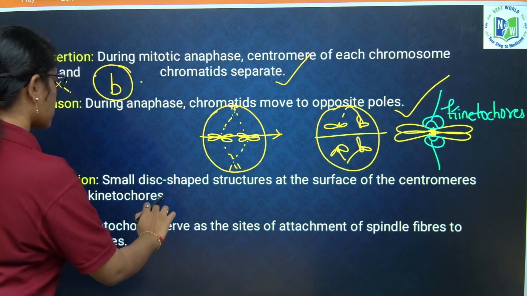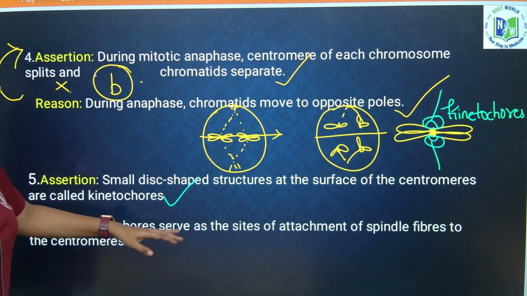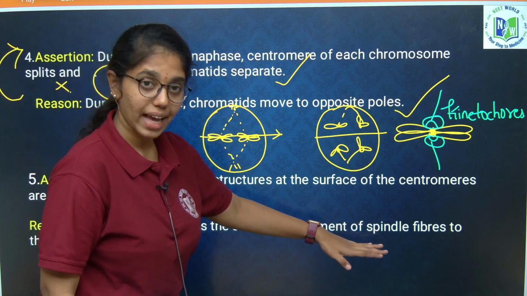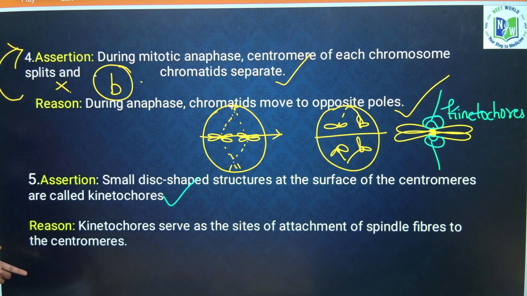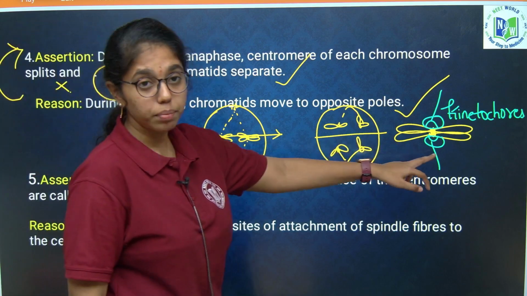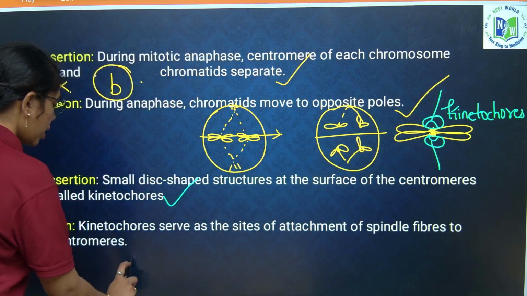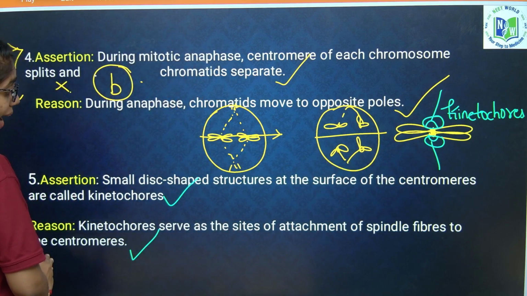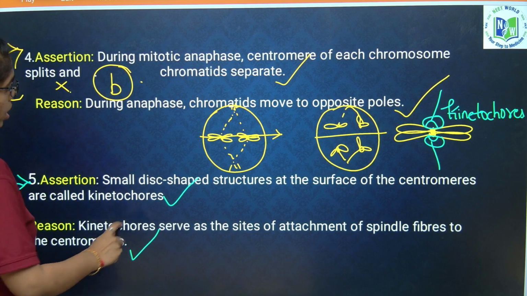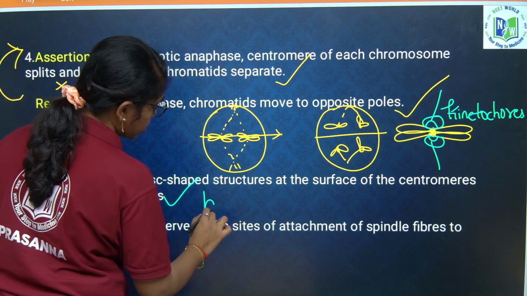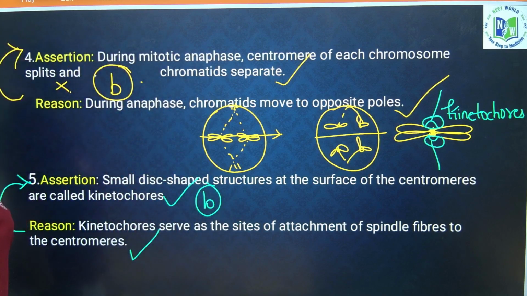So, yes, this is correct. Next, kinetochores serve as the site of attachment of spindle fibers to the centromeres. Yes, they are attaching the spindle fibers to the centromeres. Correct, both assertion and reason are true, but the reason is not explaining the assertion. Here what will be your option? Option B is the correct answer.